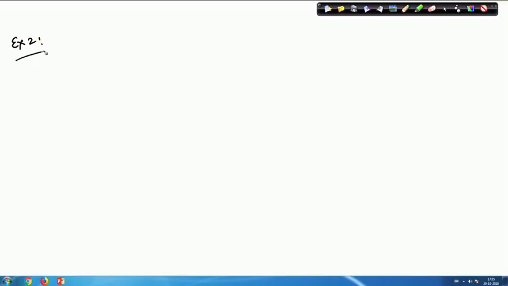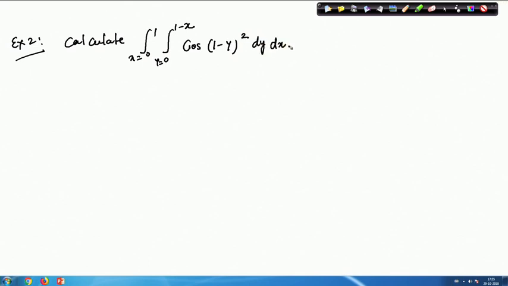Example 2: evaluate the integral from 0 to 1, integral from 0 to 1 minus x. So this is basically for x and this is basically for y, cos of (1 minus y) whole square dy dx.